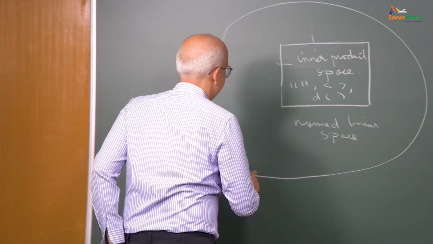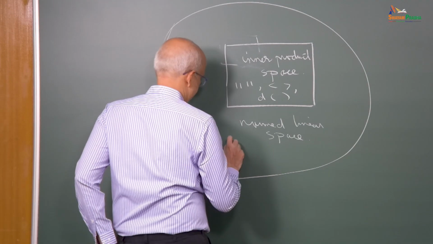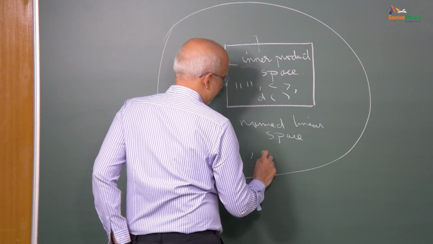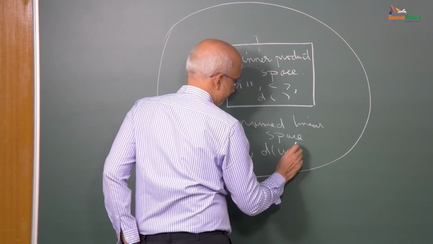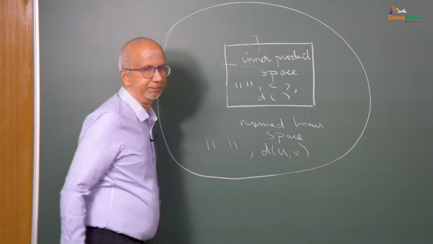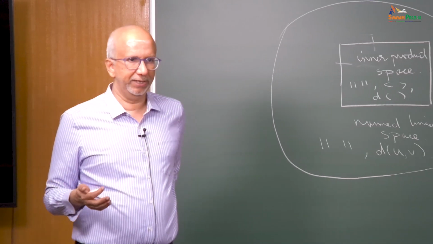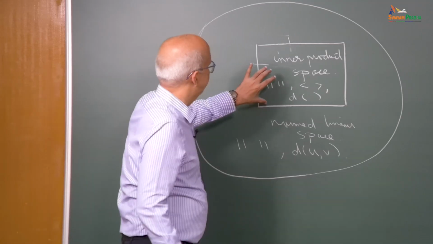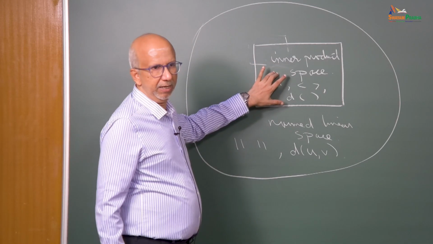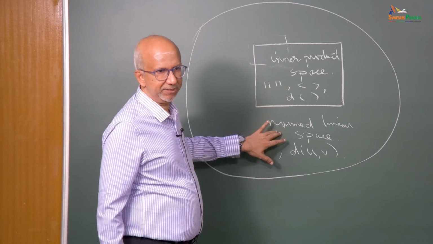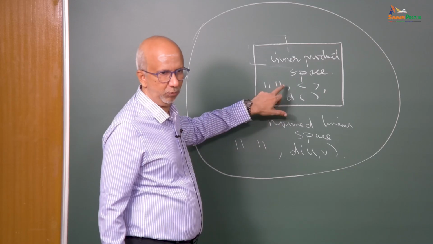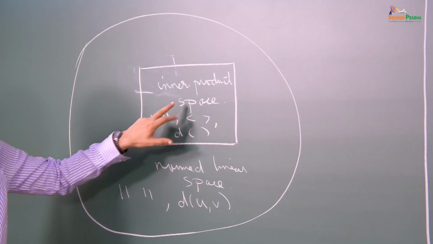So, I have length and metric defined, because once the norm is defined, metric is defined. The point is, this is kind of a subset of this, because only in this space inner product is also defined.